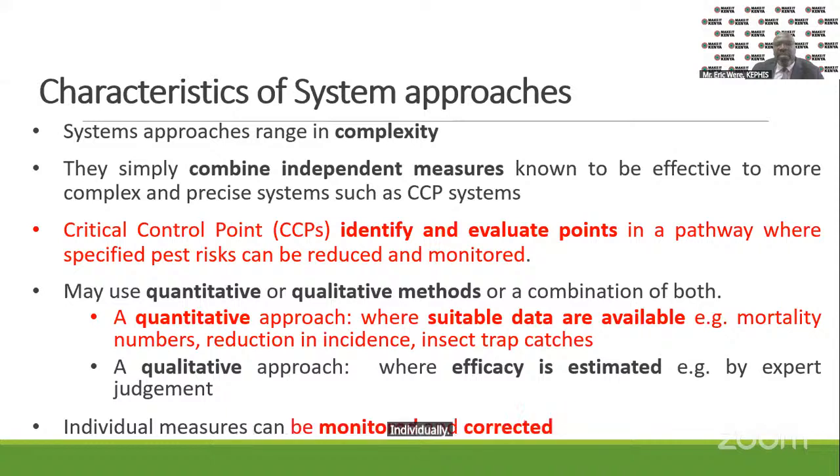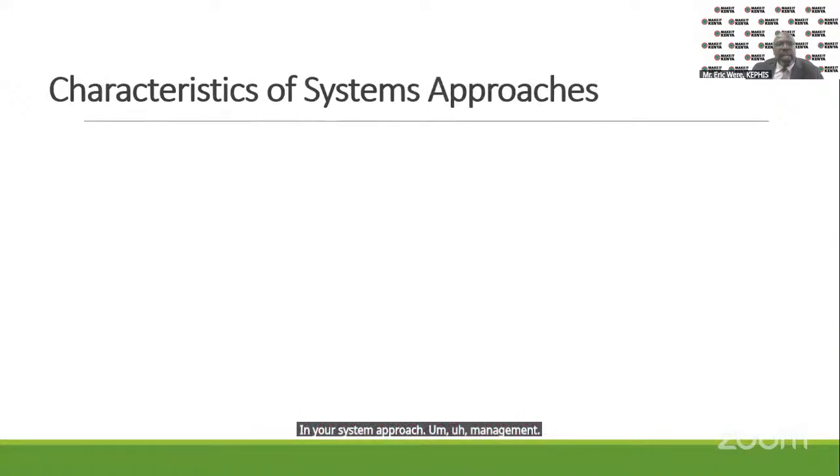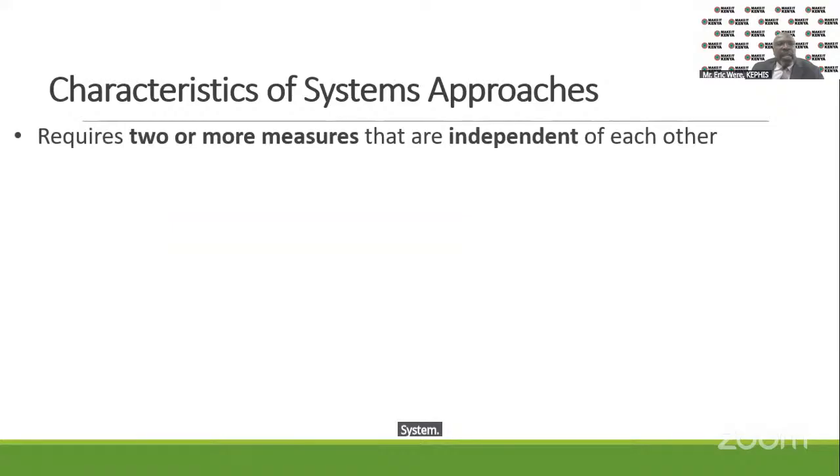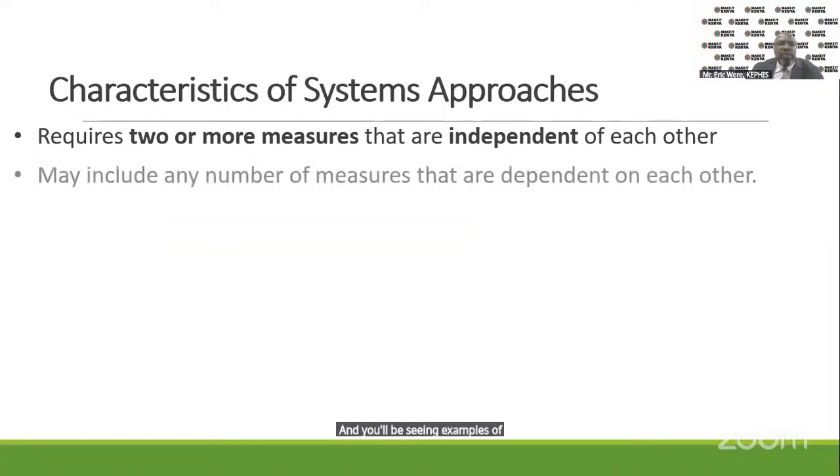What is their impact in your system approach management system? Now, in the system approach, you require two or more measures that are independent of each other. And we'll be seeing examples of this as we go along. And also, they may include any number of measures that are dependent on each other.